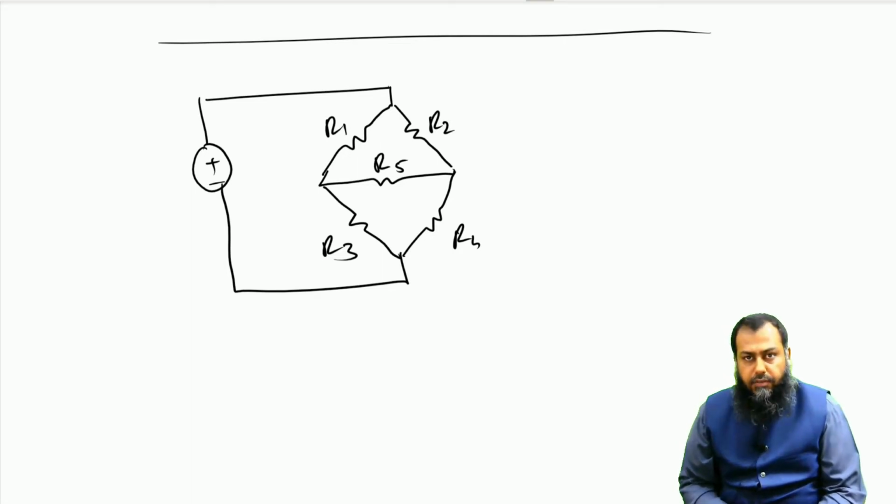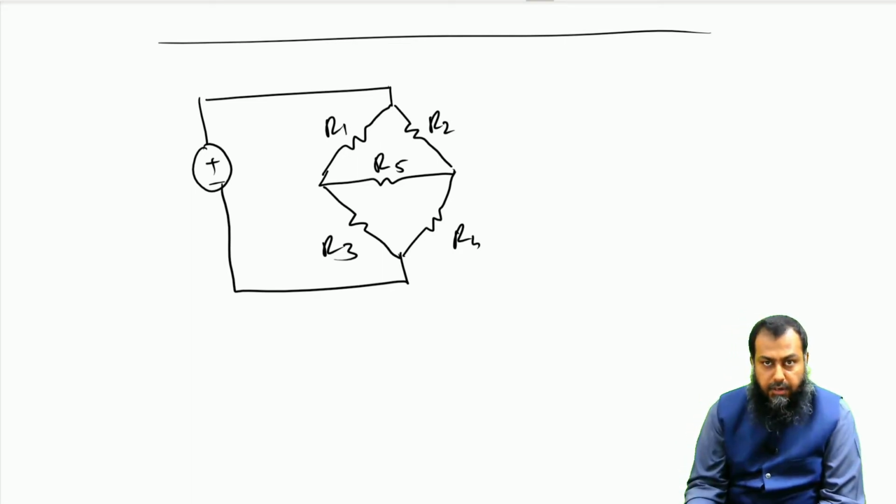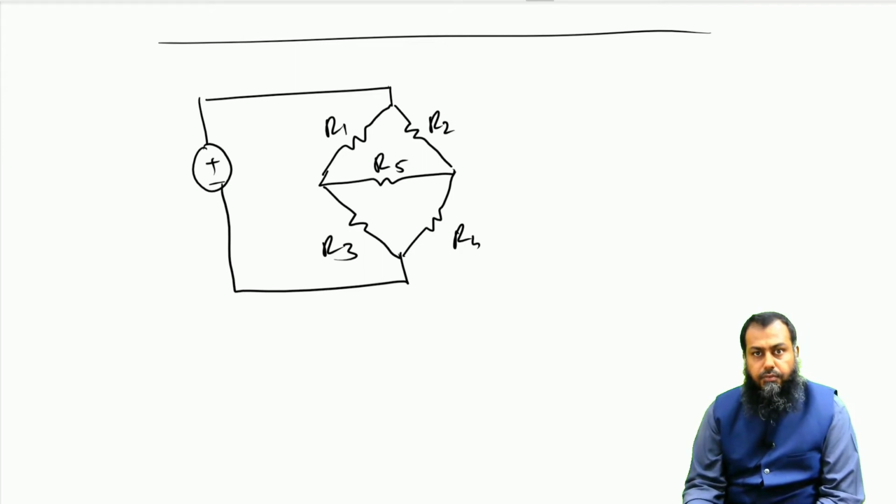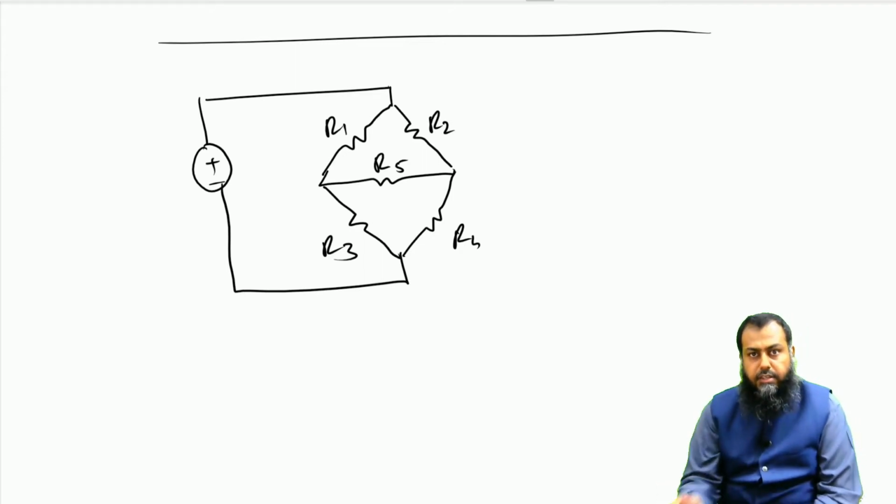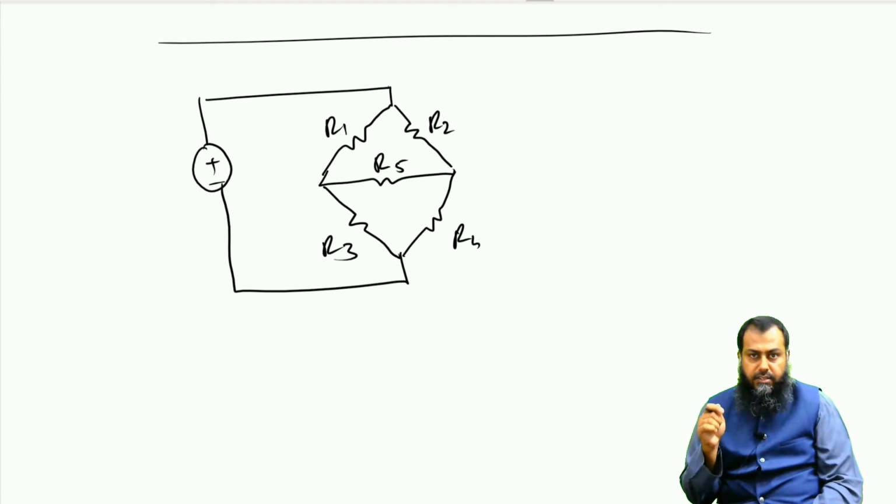In a bridge network, you can see here, it is not possible to apply the rules of parallel resistance equivalence and series resistance equivalence. If we simply apply them together, it will not work. So to find out the equivalent resistance in such circuits, we have to apply some techniques that are known as delta to Y conversion and Y to delta conversion.